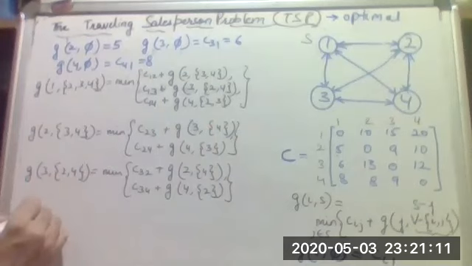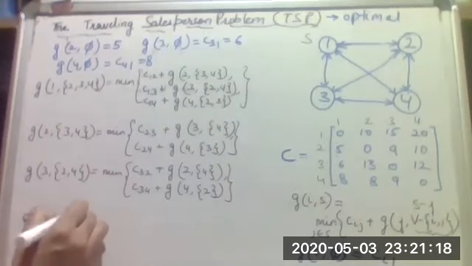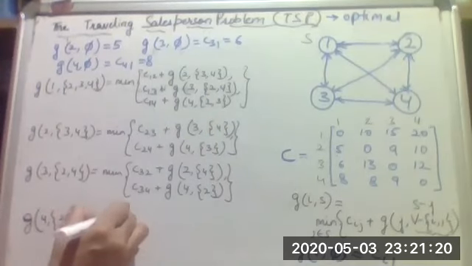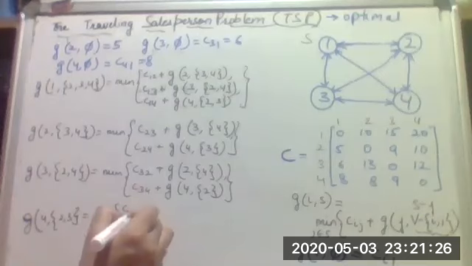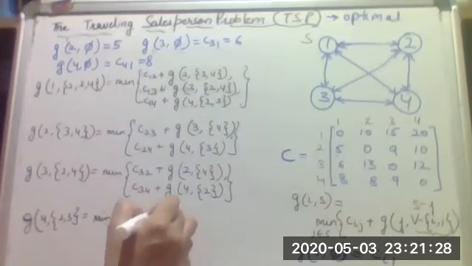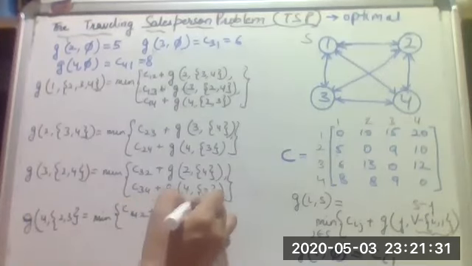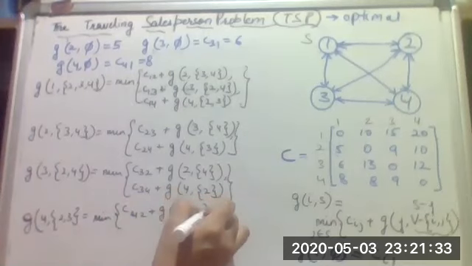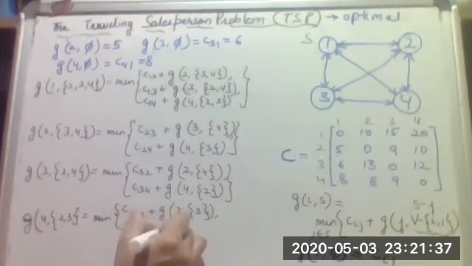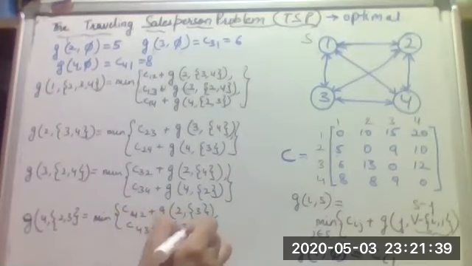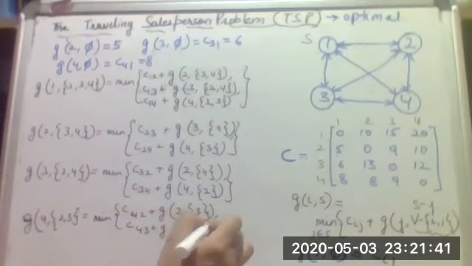And next one is G of 4, 2, 3, which is equal to the minimum of C4, 2 plus G of 2, 3, C of 4, 3 plus G of 3, 2.